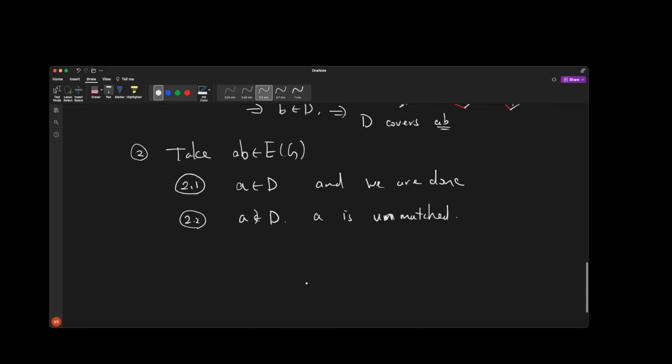So it means that A is from U here. This is U, and B, as we said, this edge is not matched, and B must be matched.